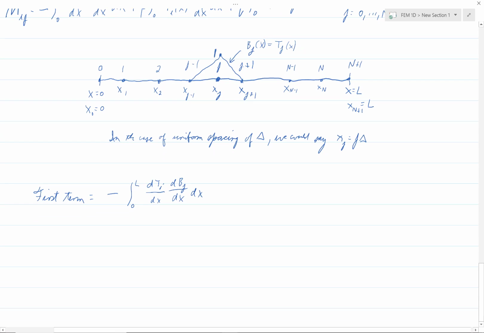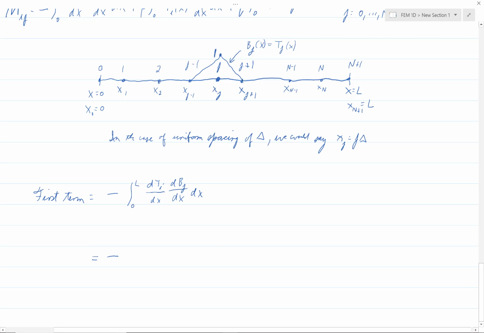Now, the first thing we notice is that this expression could be written in a different way. Since we have dbj dx, let's think about that for a moment. We have just said in this picture just above here that bj of x is non-zero everywhere except from xj minus 1 to xj plus 1.